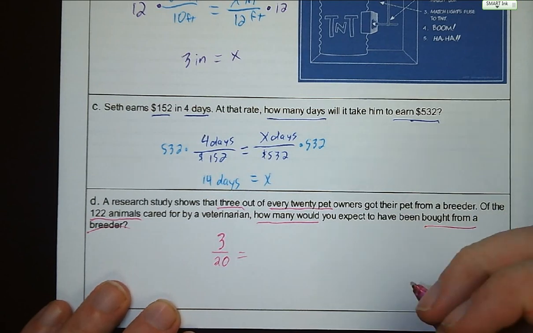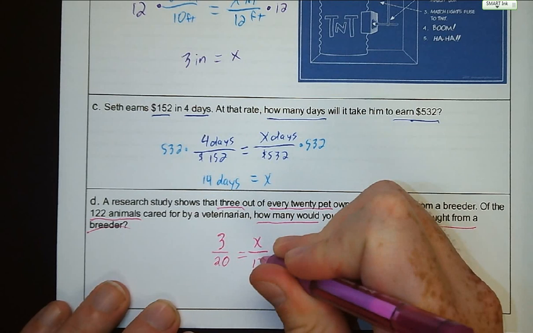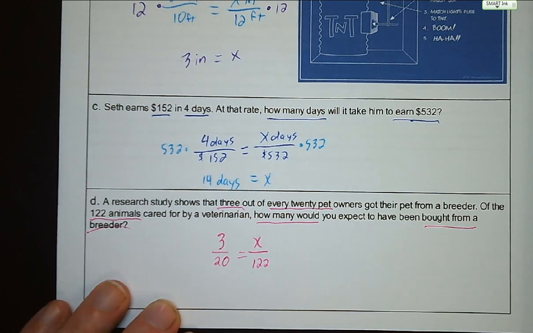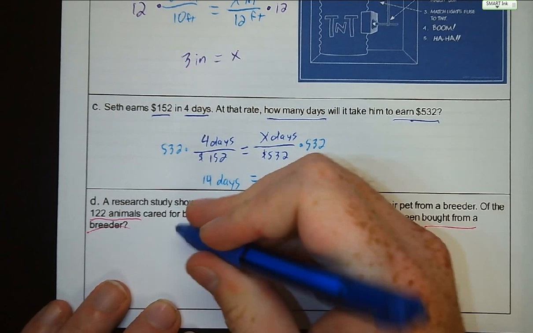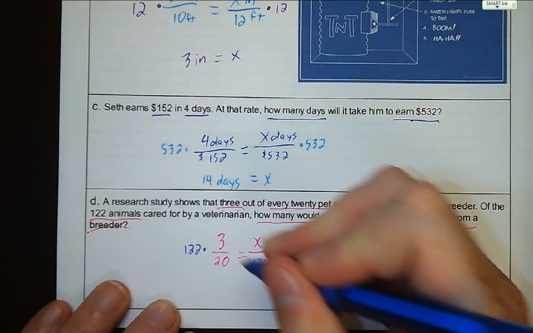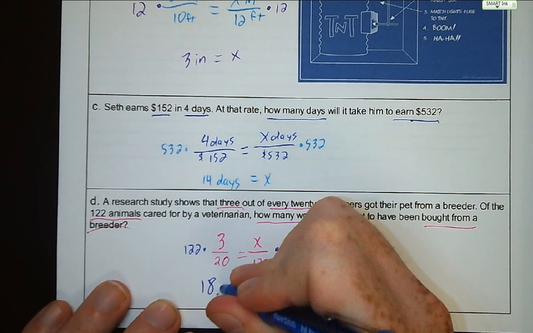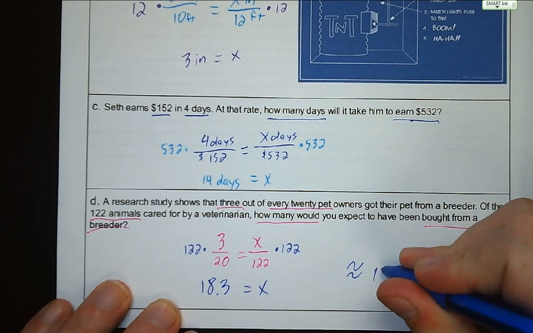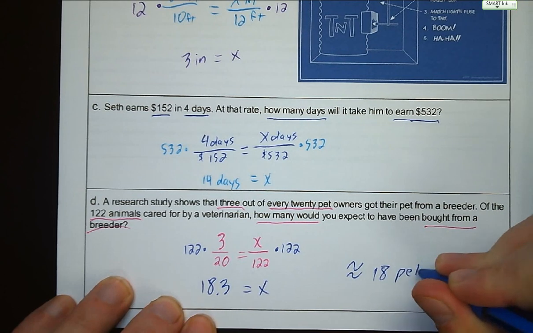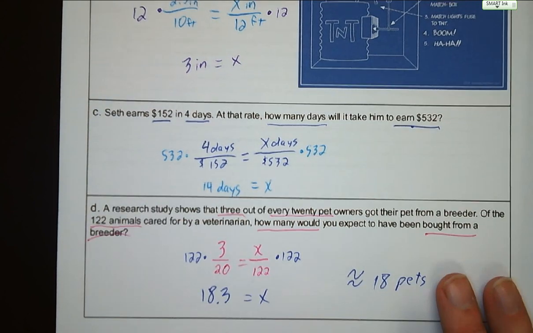And I want to know how many pets out of 122. Multiply both sides by 122. And we get approximately 18.3. So you would expect there to be about 18 pets bought from a breeder.